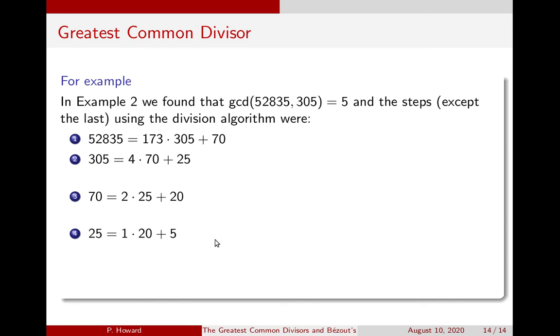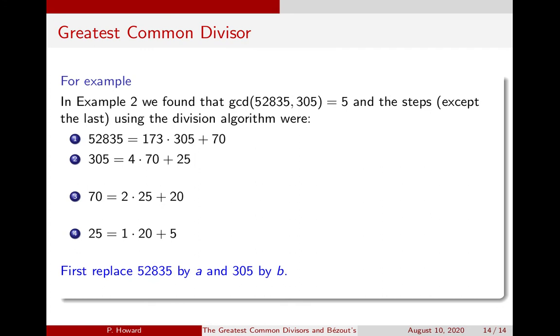Okay, here's a quick description of what we're going to do. First, we're going to replace 52,835 by A and 305 by B. One reason for doing this is there's less writing. And the real reason is that this just makes it easier to keep track of things.